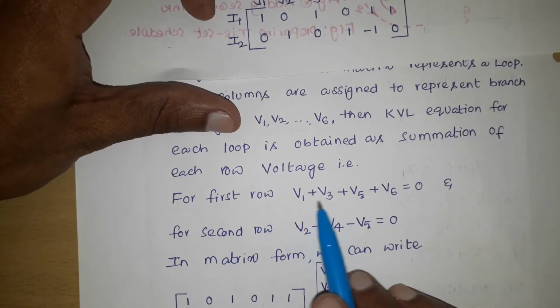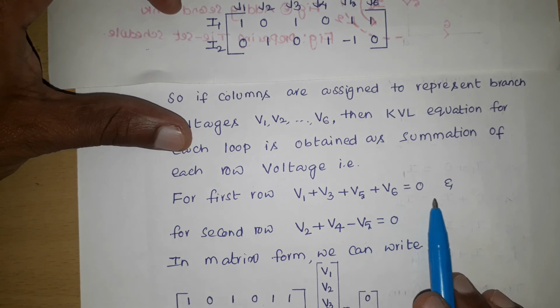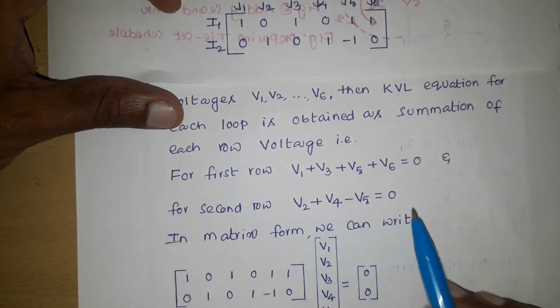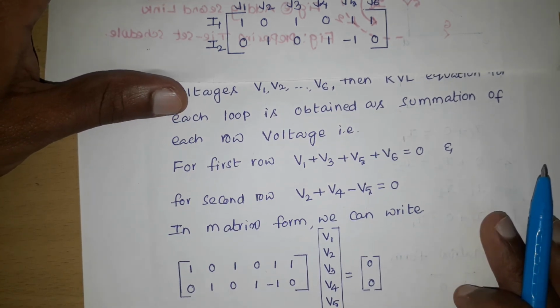So that is the equation we get: V1 plus V3 plus V5 plus V6 equal to 0. Similarly for the second row, V2 plus V4 minus V5 is 0. So we get the KVL equation with respect to rows.